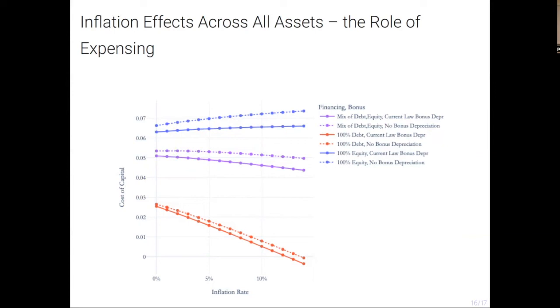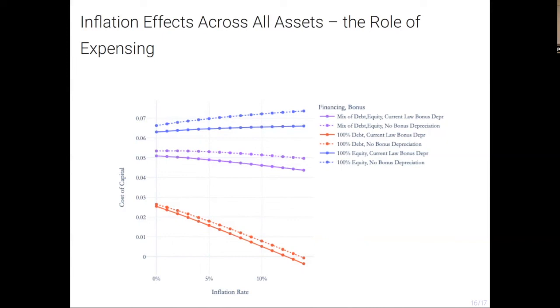That was what was shown in the prior slide. Okay, so the solid lines here are all lower than the dashed lines because bonus depreciation is reducing the cost of capital through higher net present value of depreciation deductions. What that means is also there's less effective inflation, so there's less of a decline due to inflation with bonus depreciation over time.